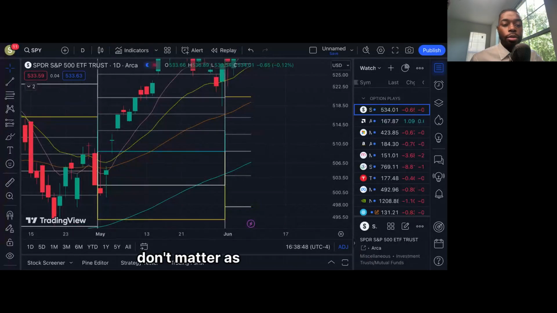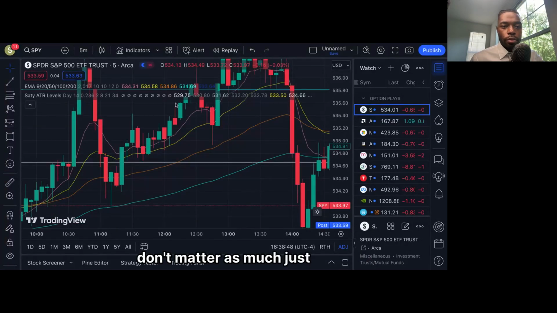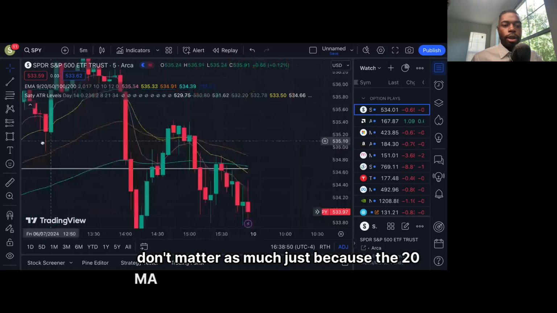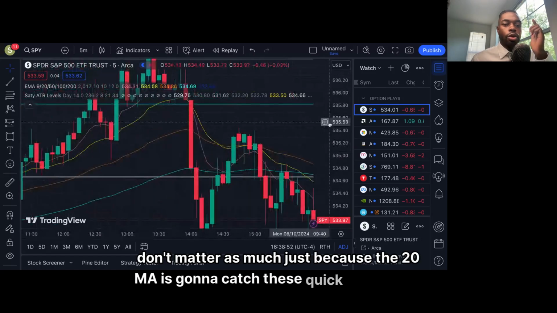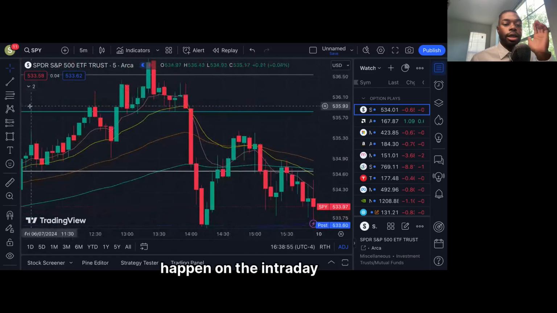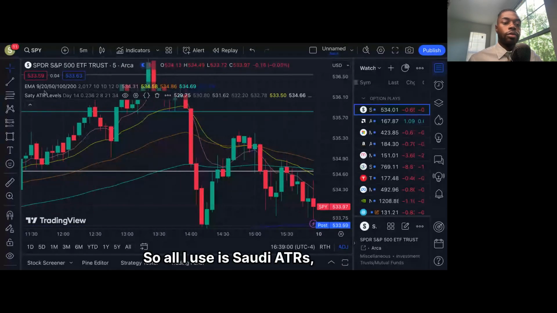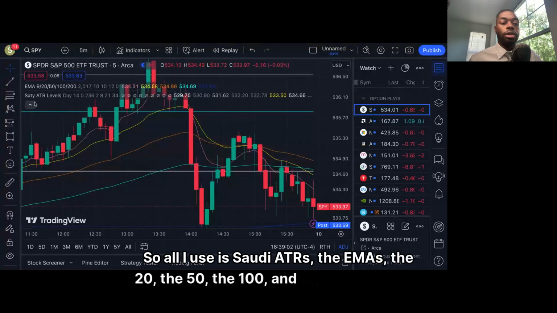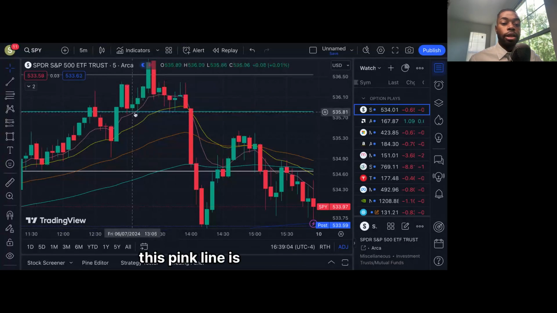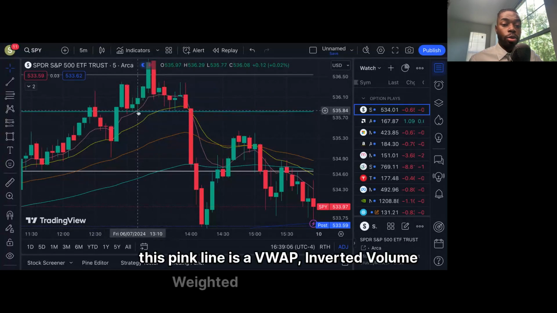They don't matter as much, just because the 20 MA is gonna catch these quick moves that happen on the intraday time frame. So all I use is Saudi ATRs, the EMAs, the 20, the 50, the 100, and the 200, and then this pink line is a VWAP, anchored volume weighted average price.